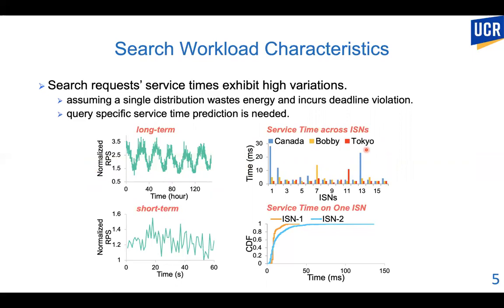We can see that the query of Canada has 5 times longer service time than the next query, Bobby. In addition to that, the query of Canada has various service times on different ISNs. The bottom service time distribution also confirms that they have long tails. Thus, assuming a single distribution is insufficient for power management. This same distribution assumption in prior works might waste CPU power and incur deadline violations. We need a query-specific service time prediction.